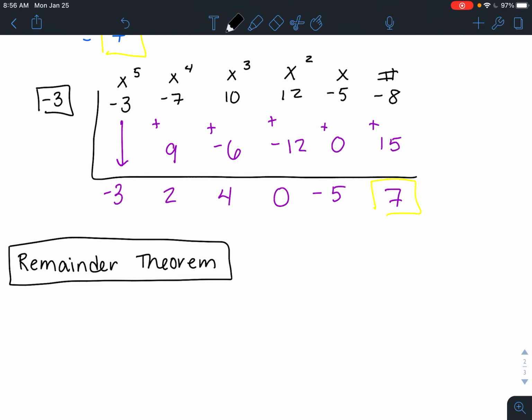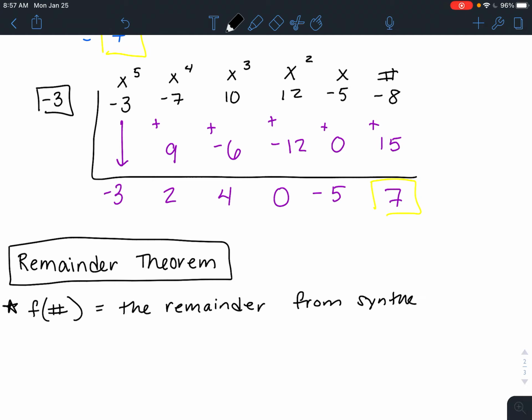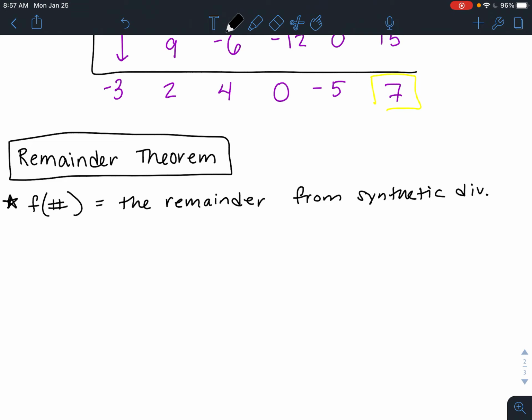What the remainder theorem says is that f of some number equals the remainder from synthetic division.